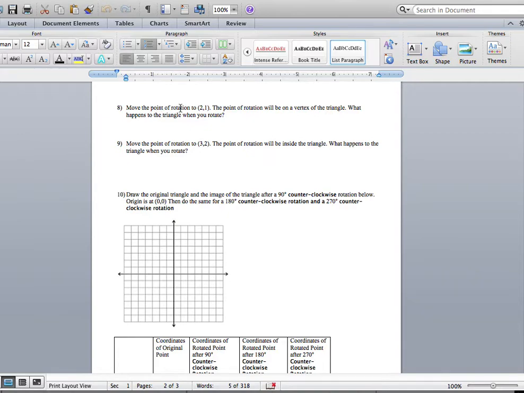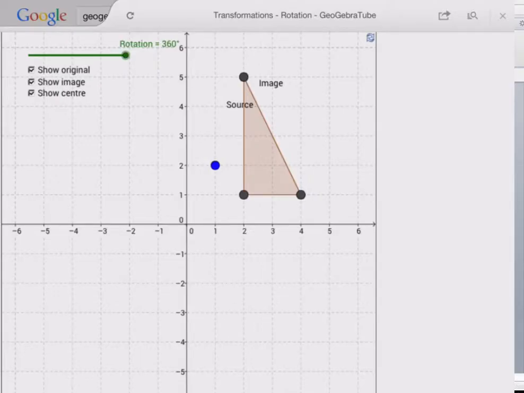When the point of rotation is at 2, 1, so move it to 2, 1. Move your point of rotation, the blue dot that I just highlighted, to 2, 1 at the vertex.